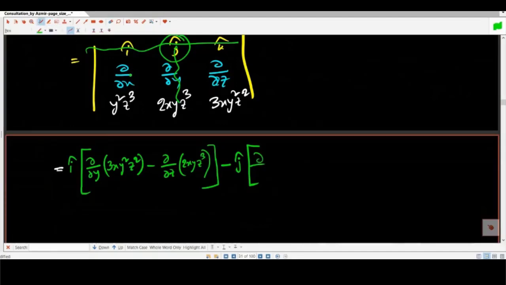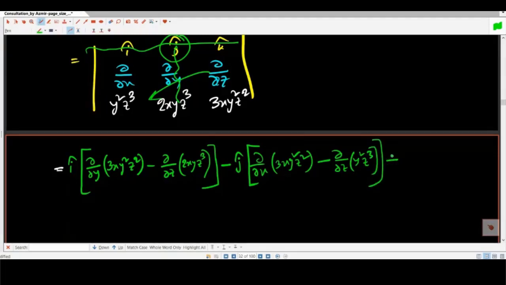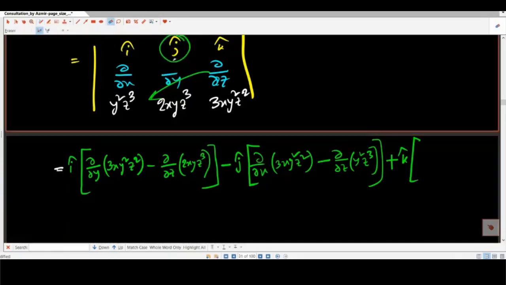So we have to multiply ddx with 3x y squared z squared, negative ddz of y squared z cubed, then plus k. Now we have to work for k.